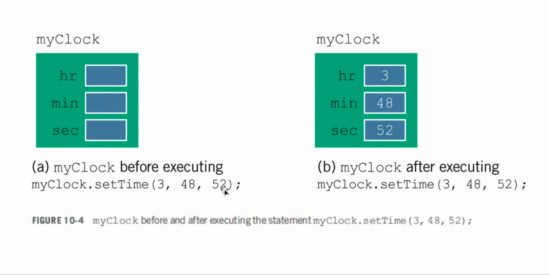In essence, the values 3, 48, and 52, which are passed as parameters in the preceding statement, are assigned to the 3 member variables of myClock by the work of function setTime. After this statement runs, the myClock object is now full, as you can see over here.